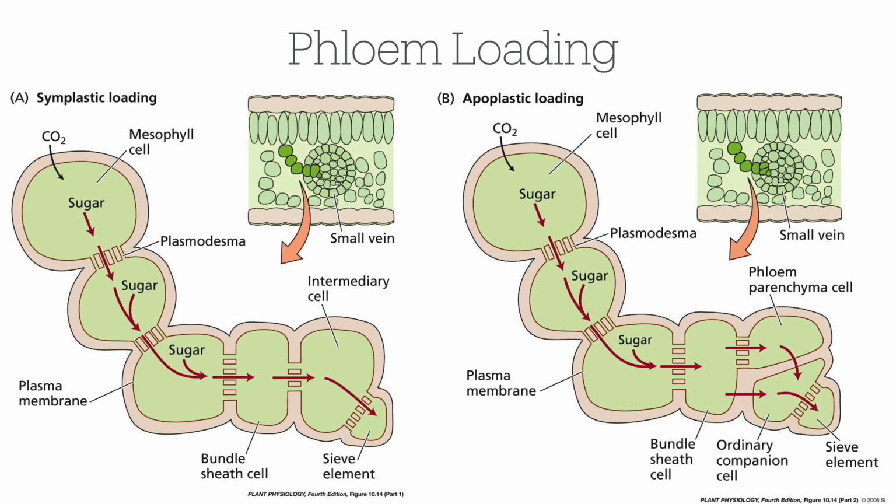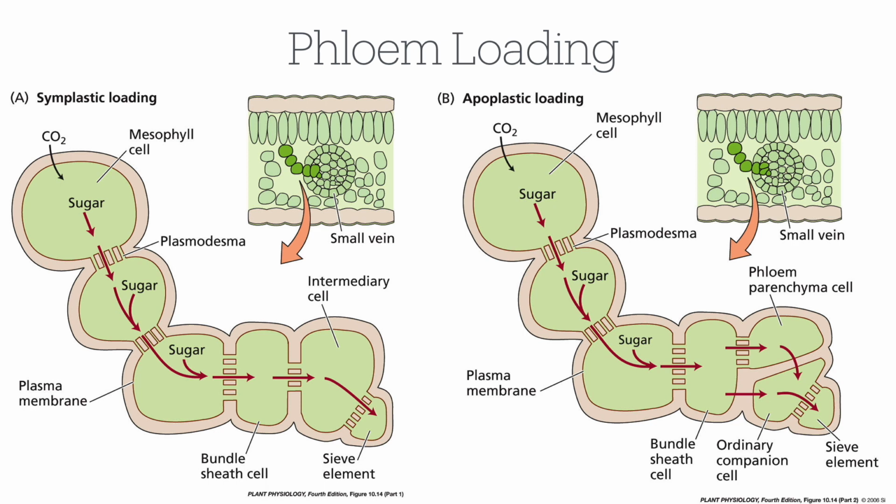And that sugar is being transported symplastically through plasmodesmatal connections from one cell to the next, and eventually reaching the bundle sheath cell. This in turn still has a plasmodesmatal connection that's connected directly to the sieve element. That bundle sheath cell then is connected to an intermediary cell with plasmodesmatal connections, and ultimately that intermediary cell is connected to a sieve element.